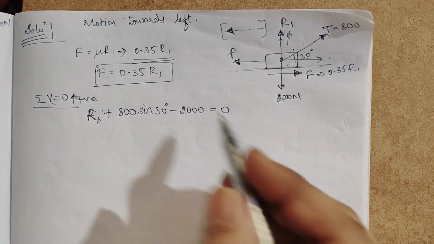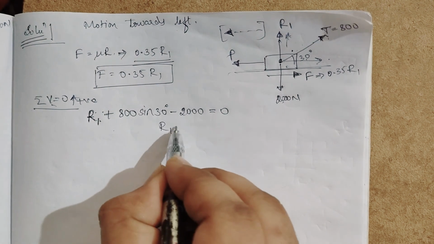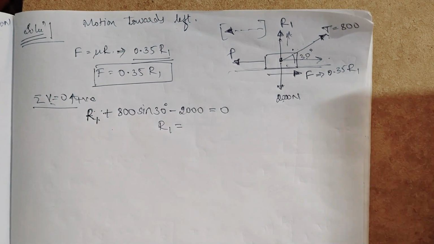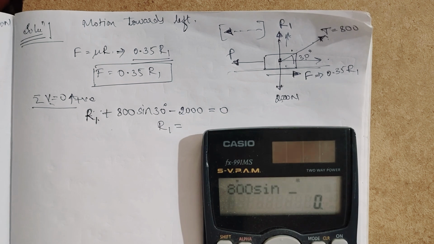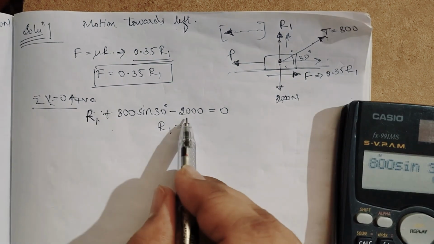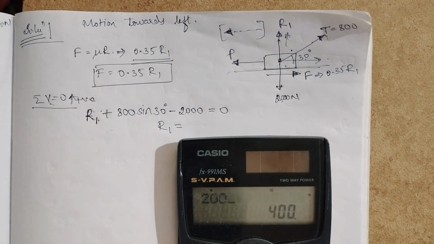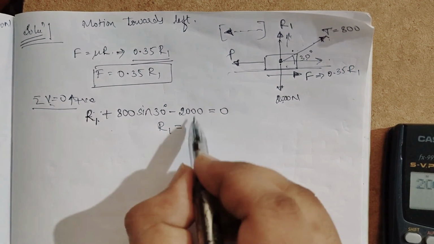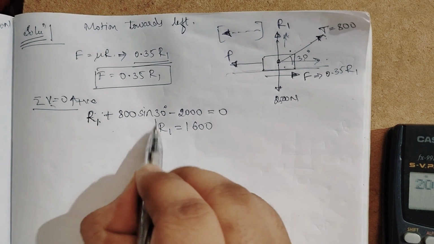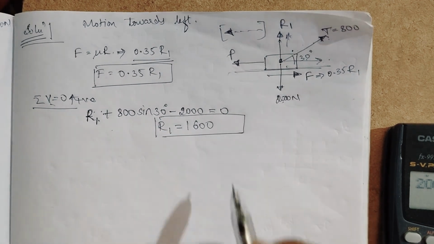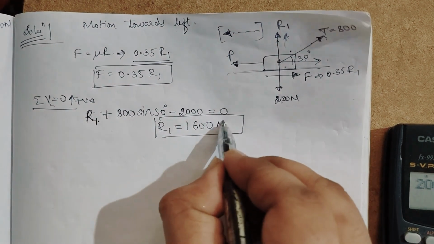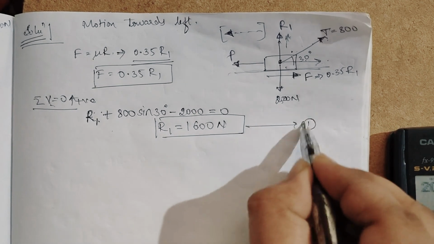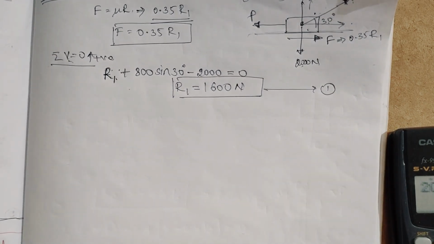Now I can get the value of R1, that is 800 sin 30 degree. So 2000 I will send to that side. So 2000 minus 800 sin 30 degree is 1600. So the value of R1 is 1600 Newton. Let me take this as equation number 1.